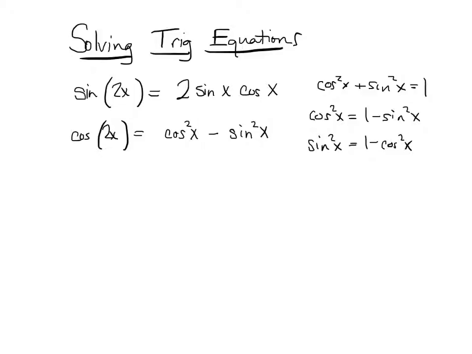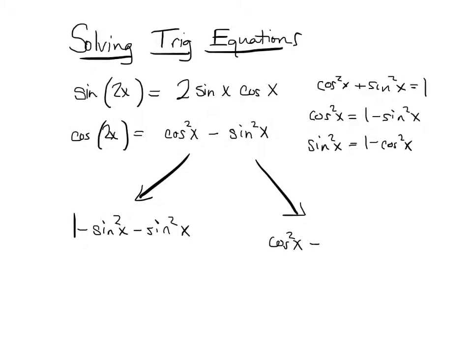We can use either of these to change our identity for cosine 2x to look like 1 minus sine squared x minus sine squared x. That would be using the first one. Or we can substitute for sine squared x, and we get cosine squared x minus (1 minus cosine squared x).